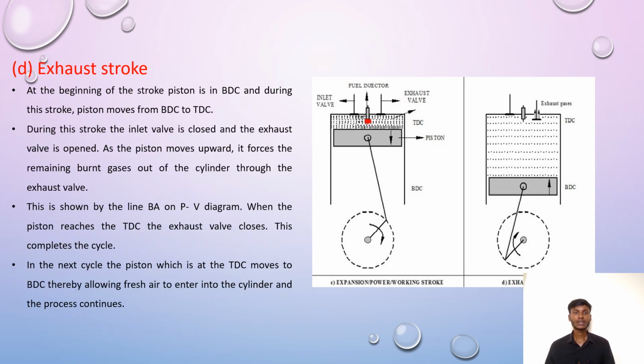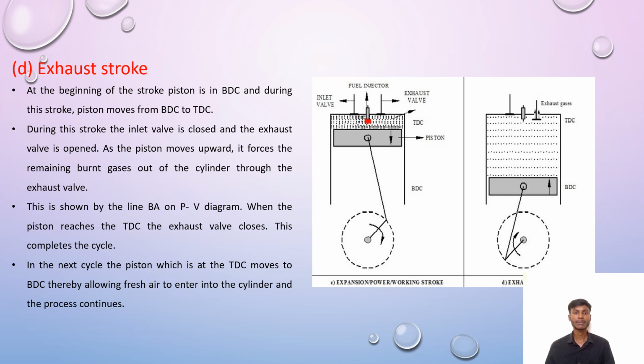At the beginning of the stroke, the piston is at BDC, and during this stroke, the piston moves from BDC to TDC. During this stroke, the inlet valve is closed and the exhaust valve is open. As the piston moves upward, it forces the remaining burnt gases out of the cylinder through the exhaust valve. This is shown by the line BA on the PV diagram. When the piston reaches TDC and the exhaust valve closes, this completes the cycle.